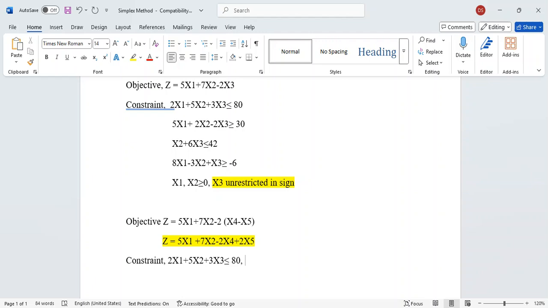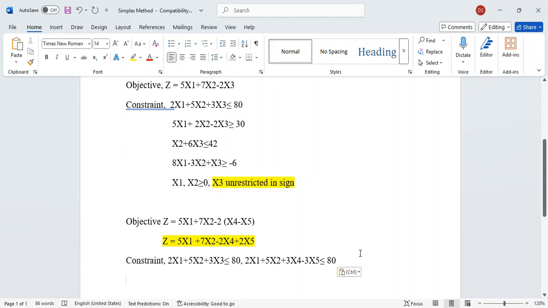Then the same thing you have to write: 2x1 plus 5x2 plus, in place of x3 you have to write x4 minus x5, so 3x4 minus 3x5, and that should be less than or equal to 80.